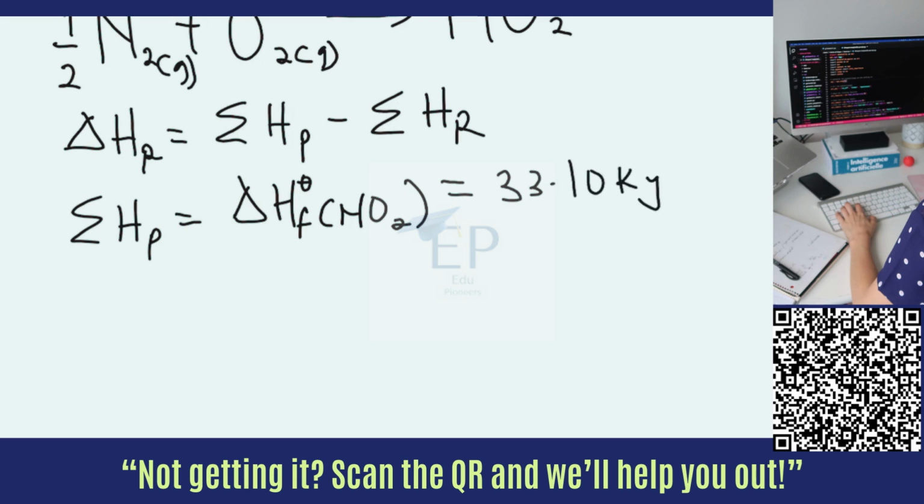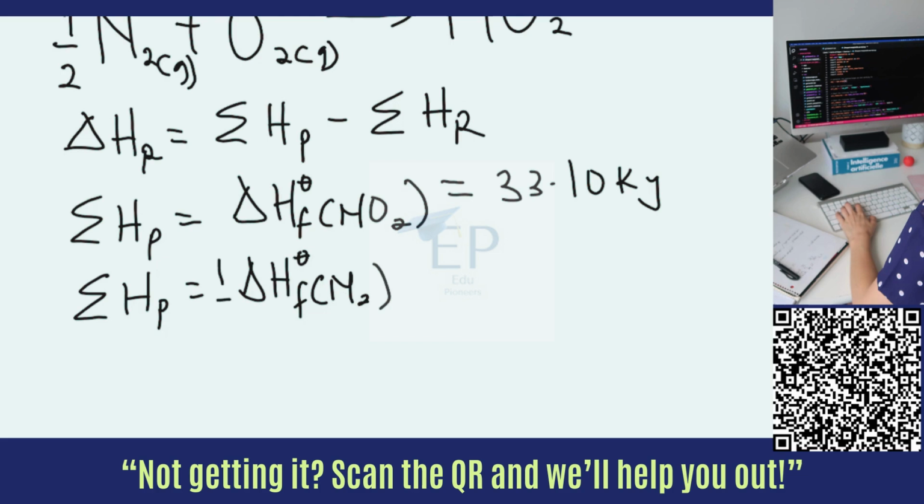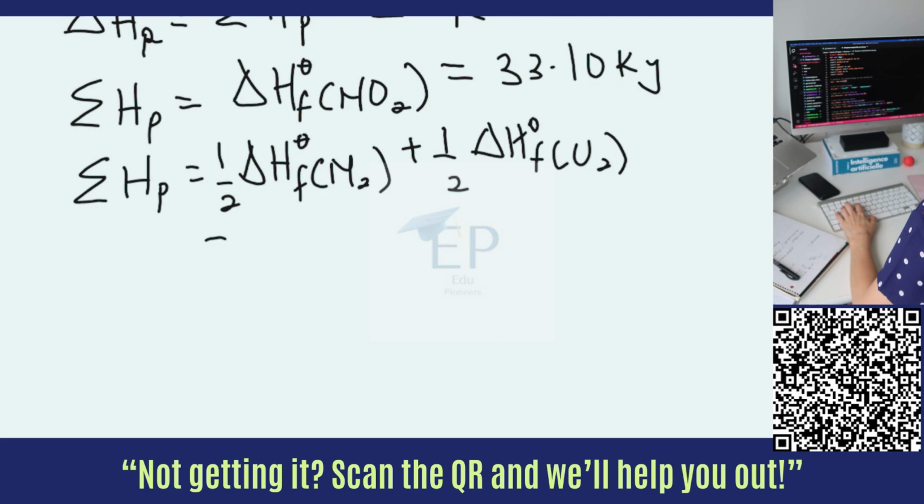While you will see that for the reactant, the standard enthalpy of formation of nitrogen gas, there's half of that, plus half of the enthalpy of formation of oxygen gas, right? You're going to find this to be 0, right?